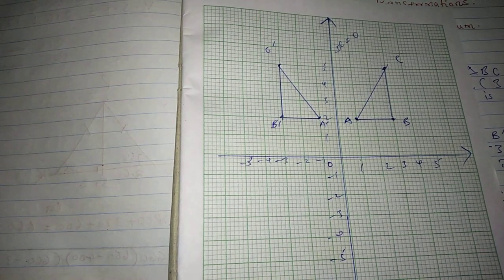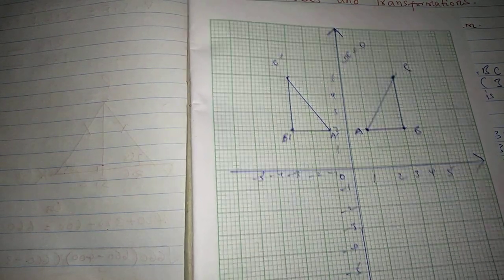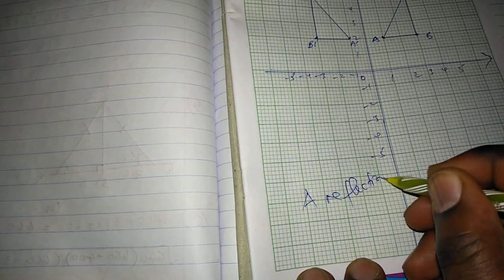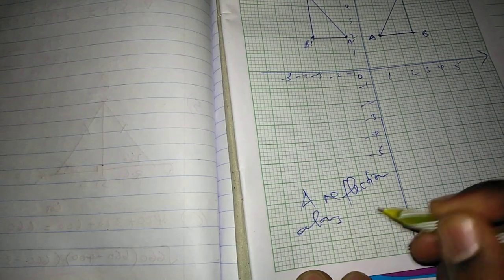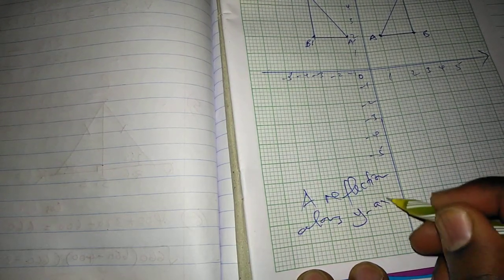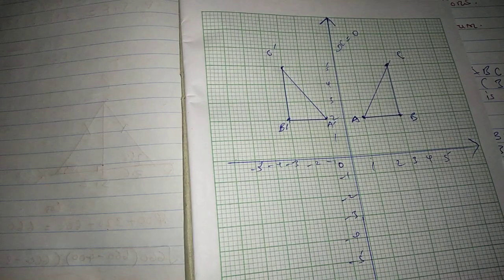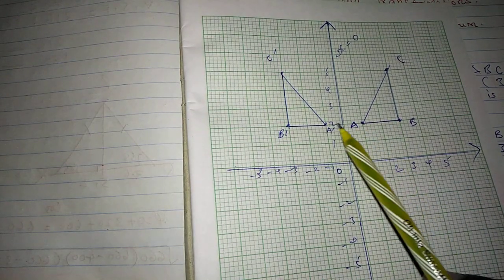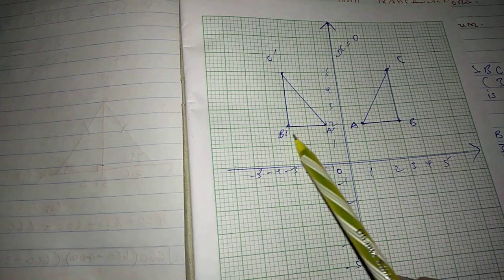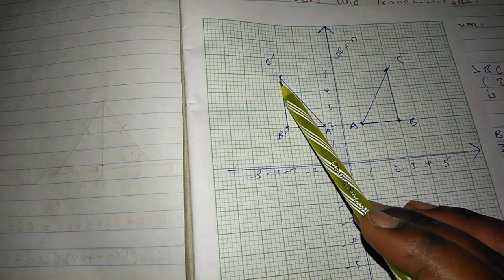Therefore, to describe this transformation, we will say it is a reflection along the y-axis, the one which is mapping A to A', B to B', C to C'.